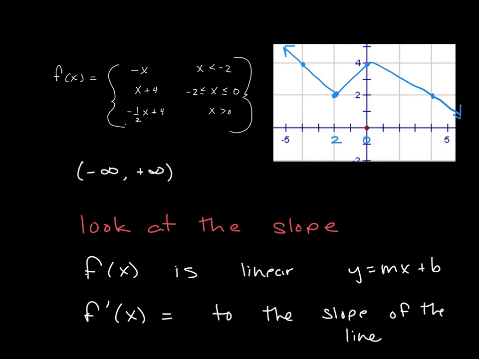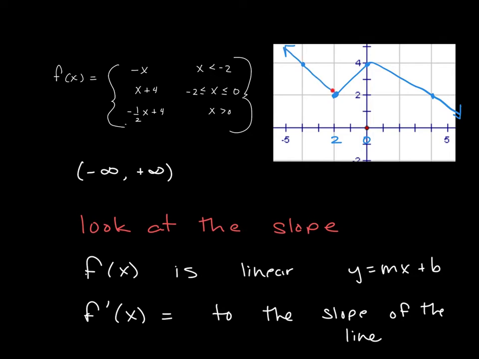And that's because of the definition of the derivative. What is the slope of the tangent line? It's just the slope of the line, because as you can see, there's no curve with this. So the slope of the tangent line is just the entire slope of this line.